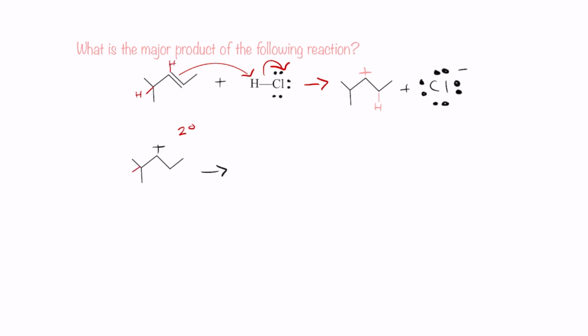So if we draw in those 2 hydrogens here, and I move this positive charge over, for this hydride shift, I want you to imagine that we're going to take this hydrogen and move it over here. And so I want you to imagine that. Let's go ahead and draw how that might look.